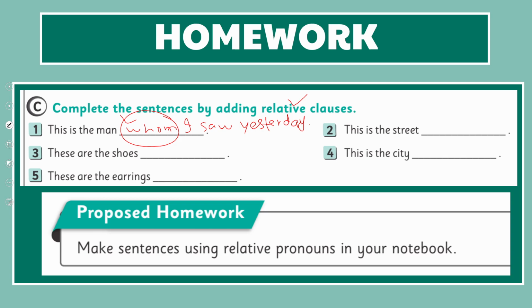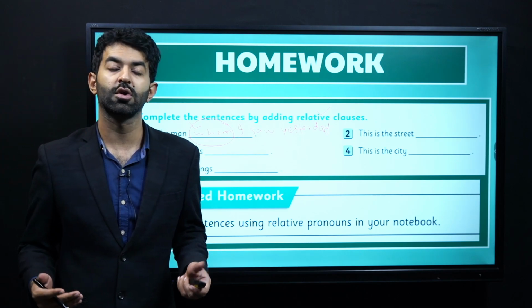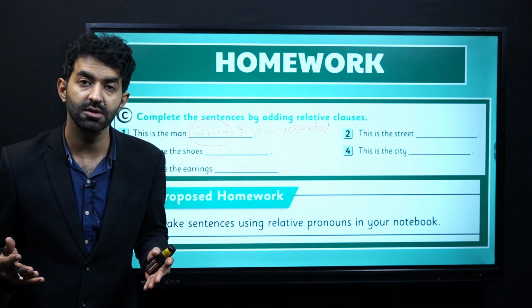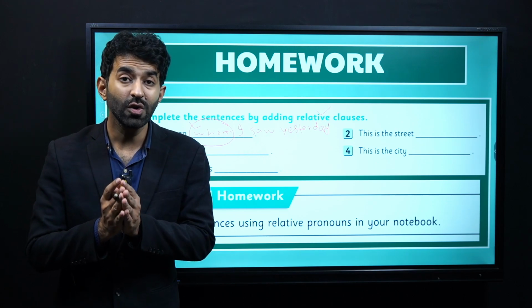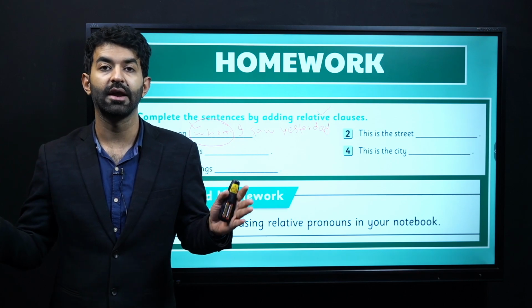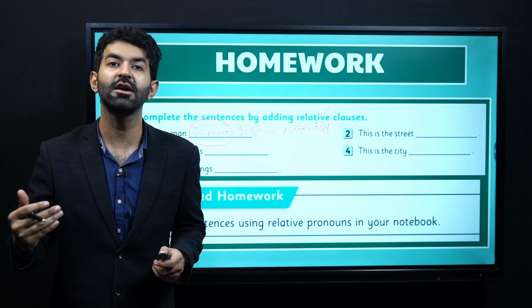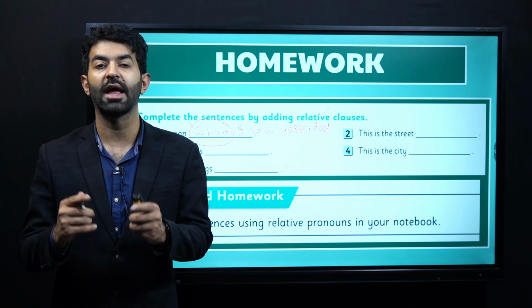The proposed homework is make sentences using relative pronouns in your notebook. You can make 5 to 10 sentences, but those sentences must have a dependent and independent clause, and the dependent clause has to have a relative clause in it by using the relative pronouns.